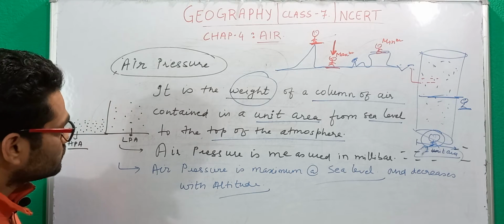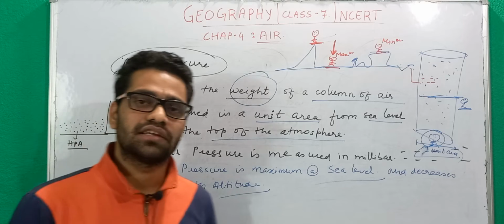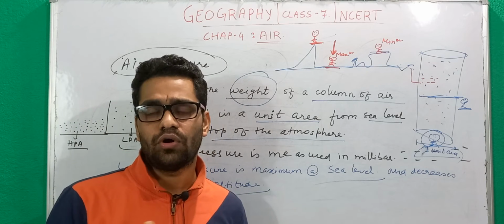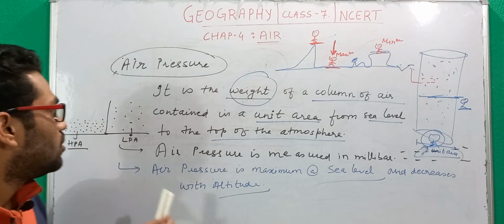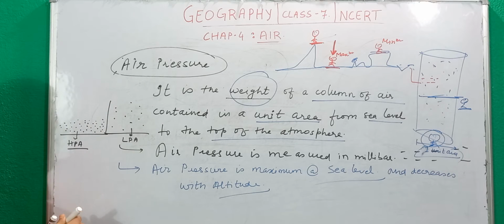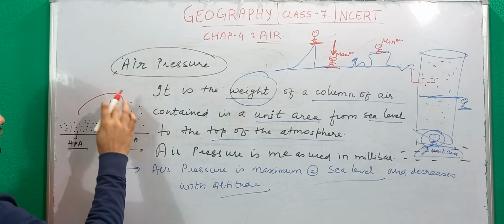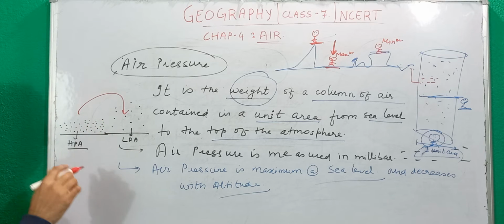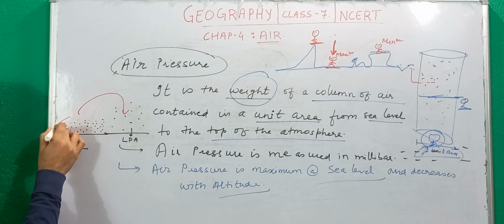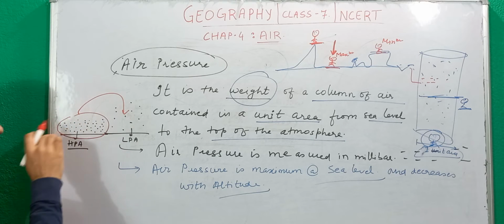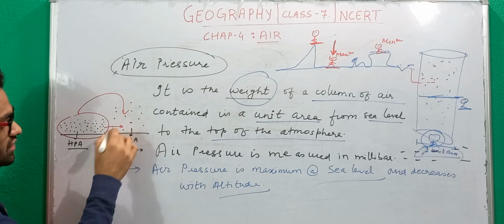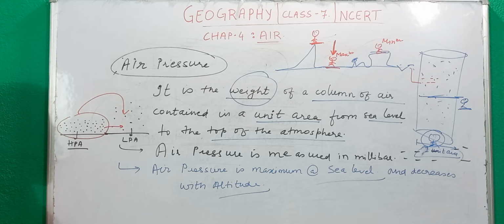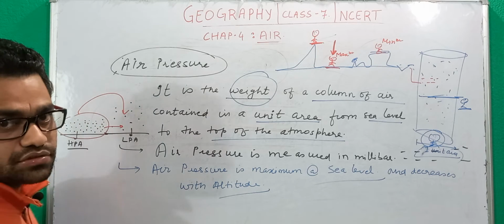And when we see wind, we will see that air always flows from the high pressure area to the low pressure area. So if I remove this barrier, you will find that the air contained here will rush to this area with great speed.